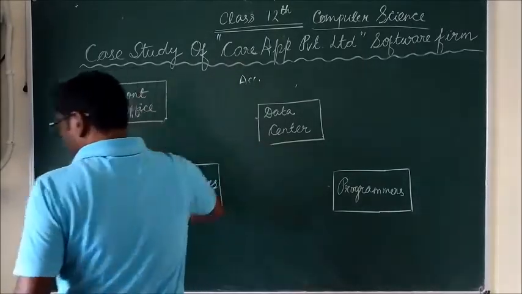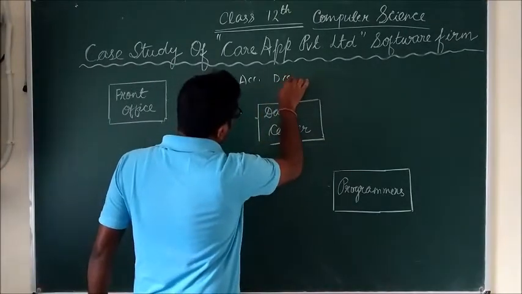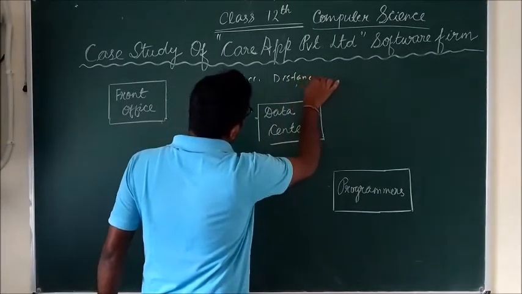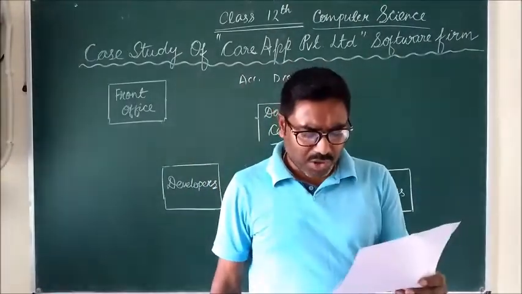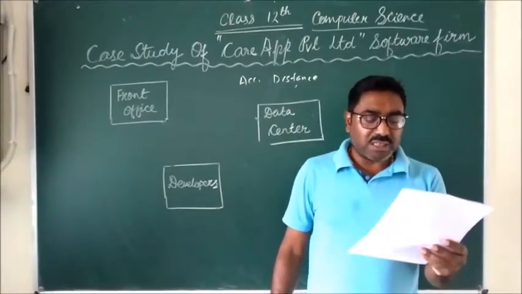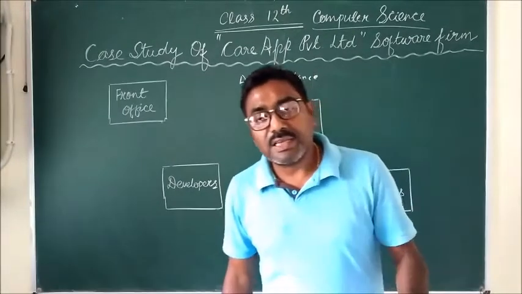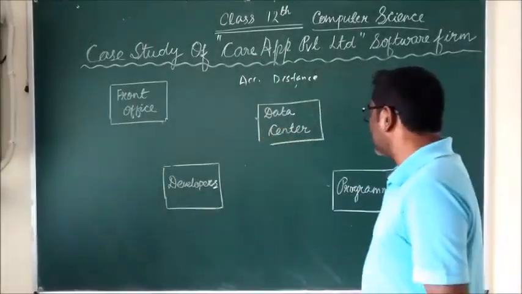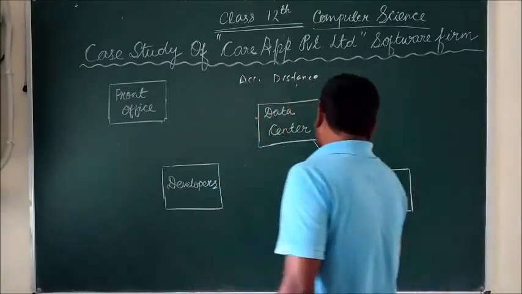So as I told you, in case of according to distance, we have to check the minimum distance between the buildings or the blocks. So here the minimum distance is 50 meters, that is from data center to programmer. So first simply connect data center to programmer.